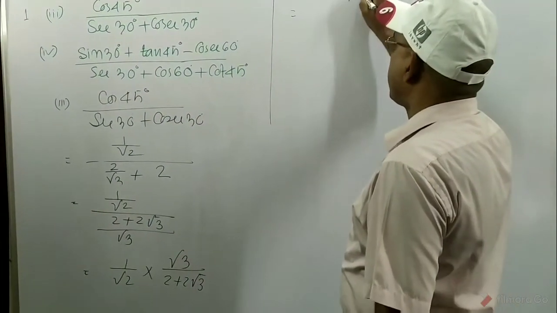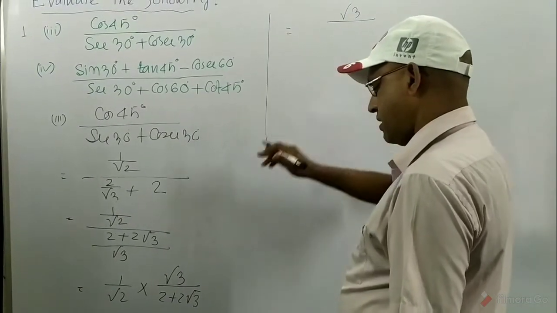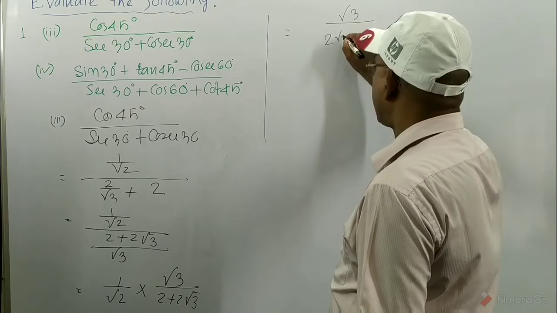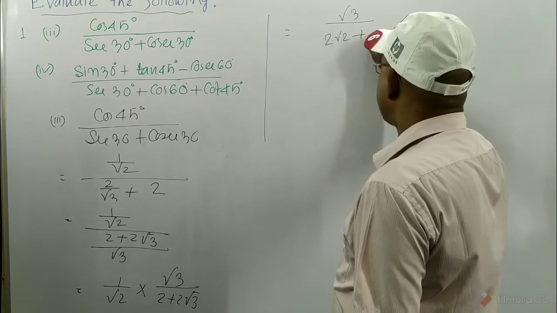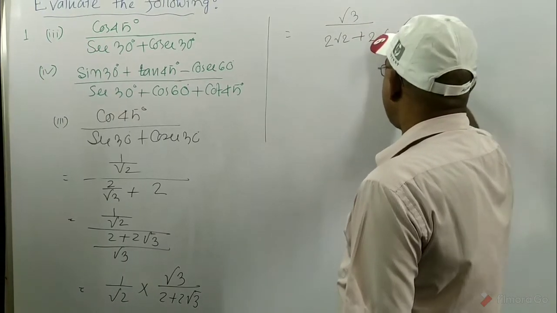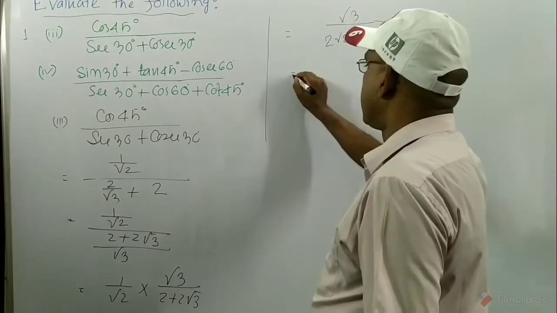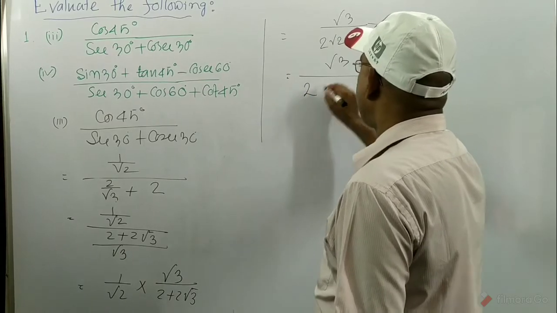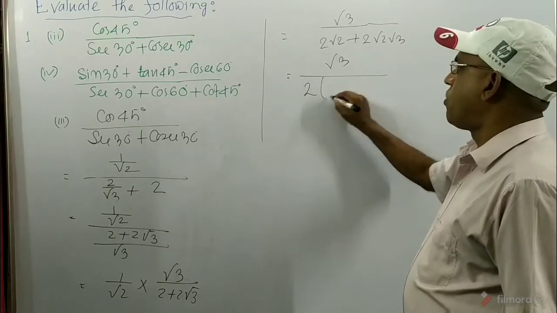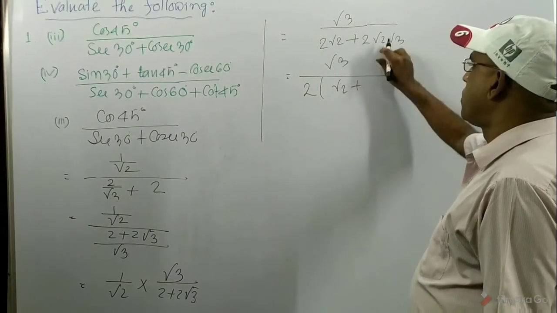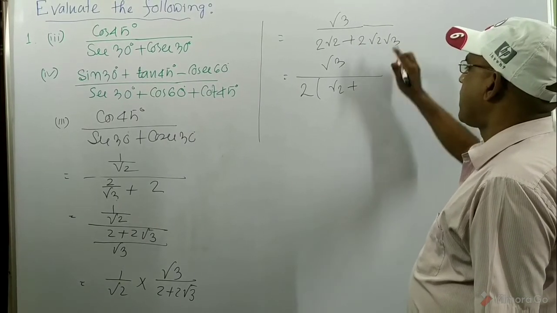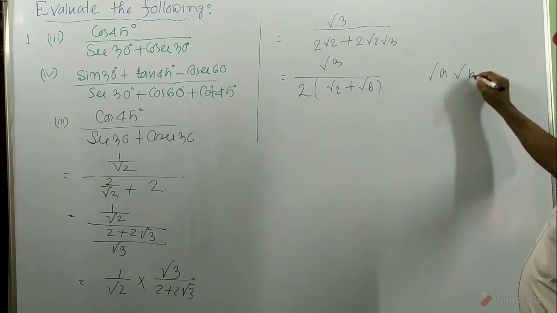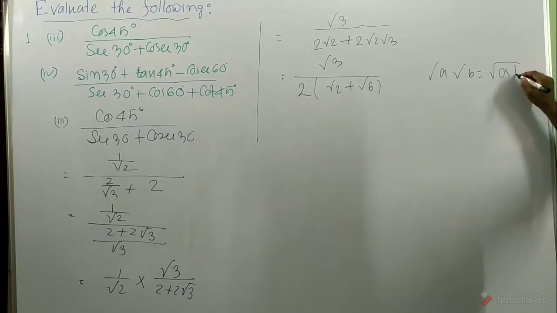Root 3 in the numerator is multiplied by 2 root 2 plus 2 root 2 root 3. From these two terms taking 2 common, we get root 2 root 3, which is root 6, because we know root a into root b is root ab.